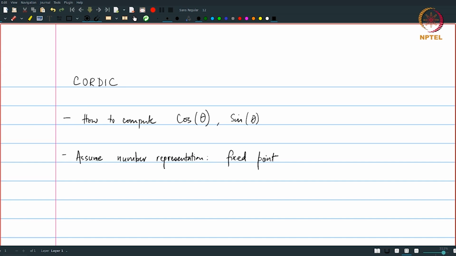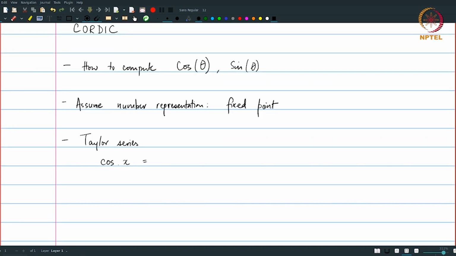So the first and probably the obvious way by which we might go about computing something like the cosine, based on high school maths, would be to say, let's go with the so-called Taylor series expansion. So cosine of x is given by 1 minus x squared by 2 factorial plus x power 4 by 4 factorial minus x power 6 by 6 factorial, and so on.